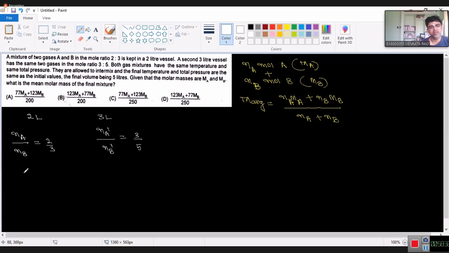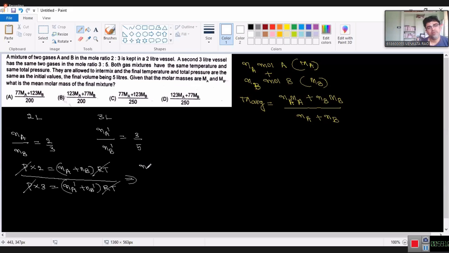Then you can apply the ideal gas equation, PV is equal to nRT, where n is the total number of moles. For the 2-liter vessel, P into 2 is equal to (Na plus Nb) RT. For the 3-liter vessel, P into 3 is equal to (Na dash plus Nb dash), that is total moles, into RT. Both are at the same temperature. If you divide, RT cancels, P and P cancel.